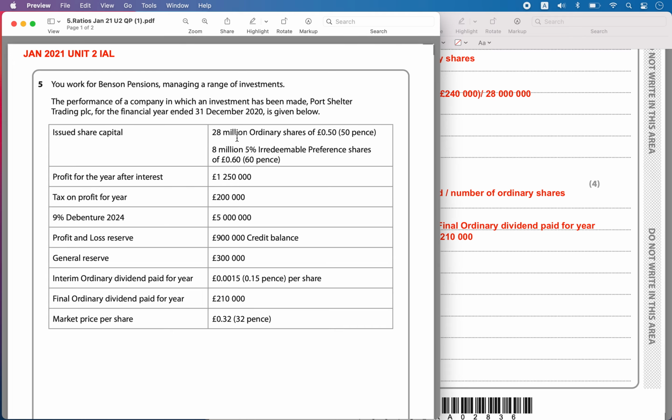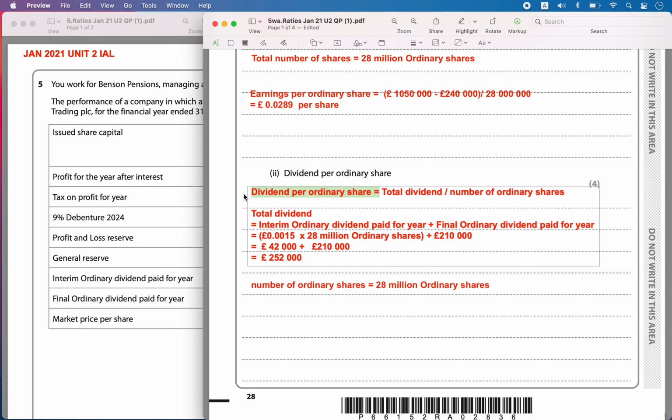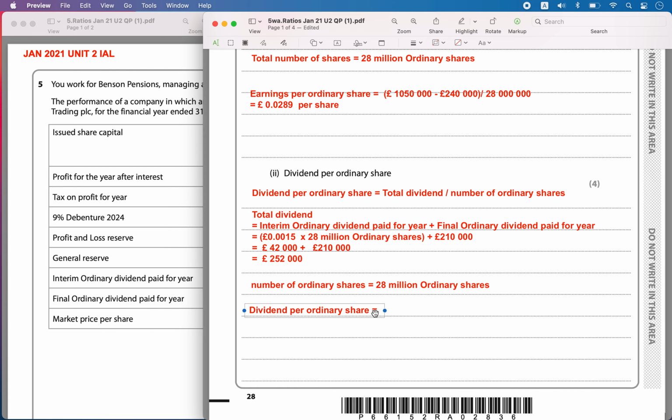The number of shares, they have already given, is 28 million ordinary shares. So now the dividend per ordinary share is going to be equal to 252,000 pounds divided by 28 million shares.